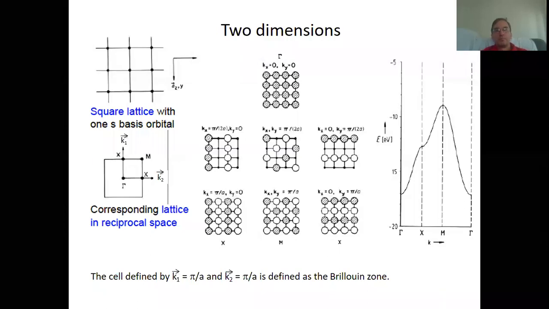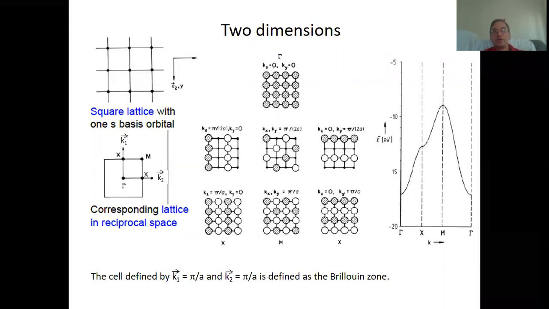Okay, let's move on. In the last class, we began to look at the band structure of two-dimensional extended solids. First, we looked at the most simple two-dimensional extended solid that we can imagine, and we said that this would be a square lattice of hydrogen atoms.